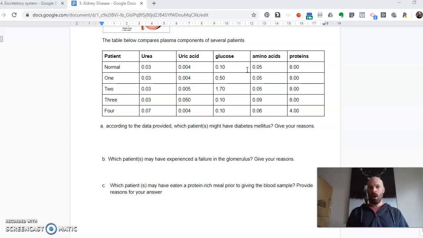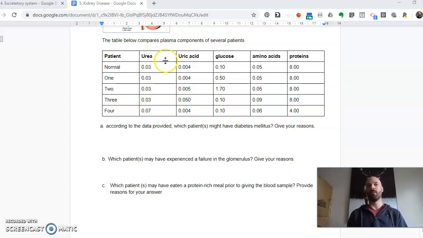And so all the molecules, the important biochemical molecules in our cells and in our bodies, they're all dissolved in the plasma. So here you see the normal amounts, and these are concentrations. It doesn't have units. I don't care about the units. You're more looking at the comparison of the numbers. So you see urea 0.03. You don't want to see urea change because urea is a waste byproduct.